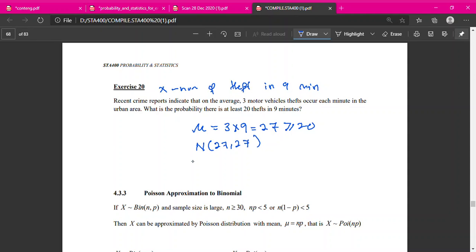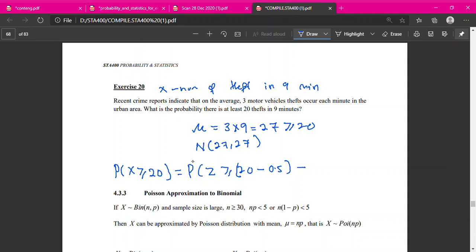So, sekarang nak cari probability at least 20 times in 9 minutes. So, nak cari probability of X, paling sikit pun 20. So, more than or equal to 20. So, because of more than or equal to, first of all, nak tukar kepada Z, 20 ni kena tolak dulu dengan 0.5. Kalau more than, tambah. Kalau more than equal, kena tolak.